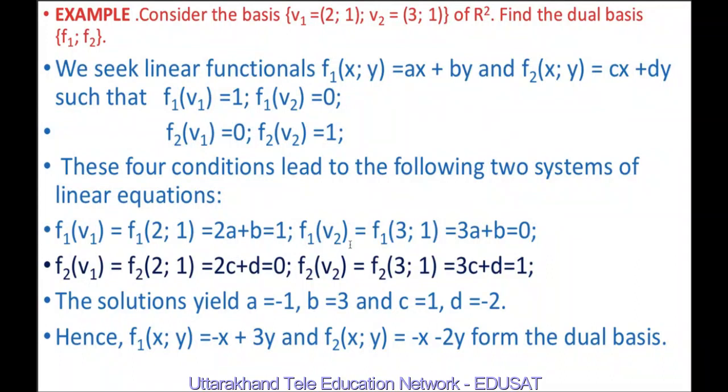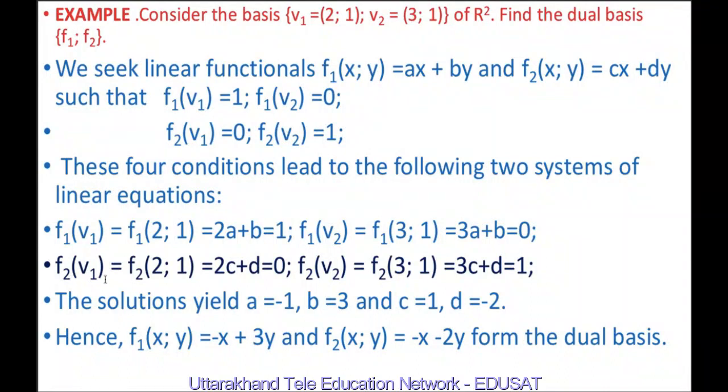Now f1(v2), v2 is given to be (3,1). So f1(3,1) is 3a plus b, and f1(v2) is equal to 0. So we get 3a plus b equal to 0. If we solve these two equations, we get a equal to minus 1 and b equal to 3.